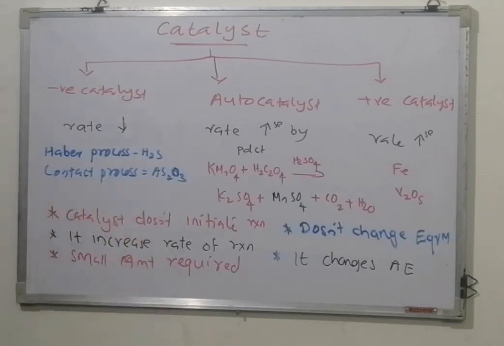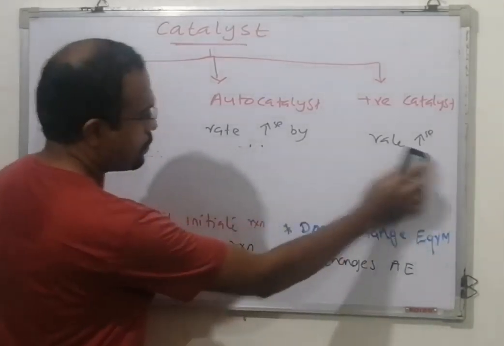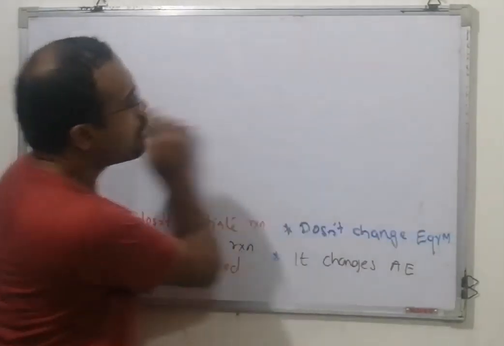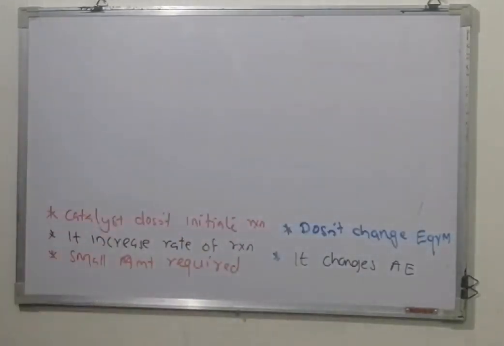Okay. Now I will discuss some characteristics of catalyst. One is, catalyst does not initiate the reaction. Catalyst cannot initiate the reaction. It increases the rate of reaction only. Small amount of catalyst is required.